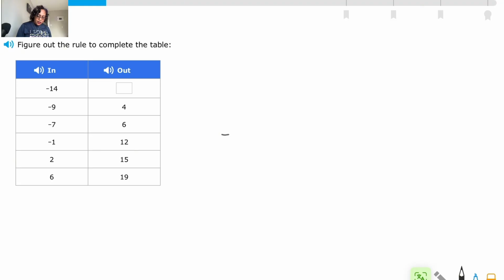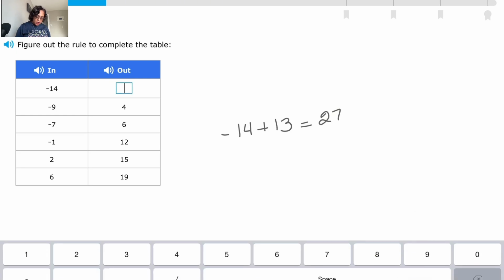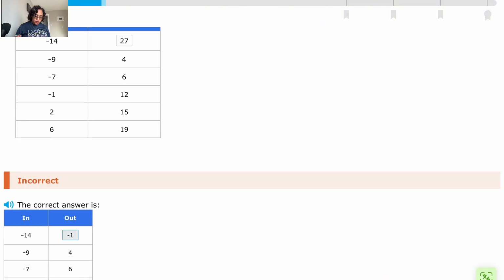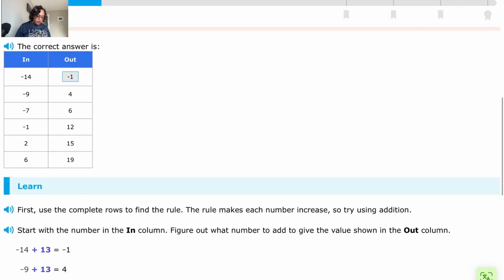if I take negative 14 and I add 13, right? And I accidentally get, I'm trying to think, 27. Like, just for instance, I get it wrong, right? So if you type in 27, you're going to get the wrong answer. Okay. And you get that little noise.